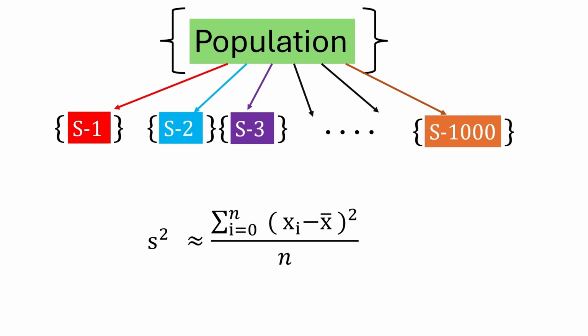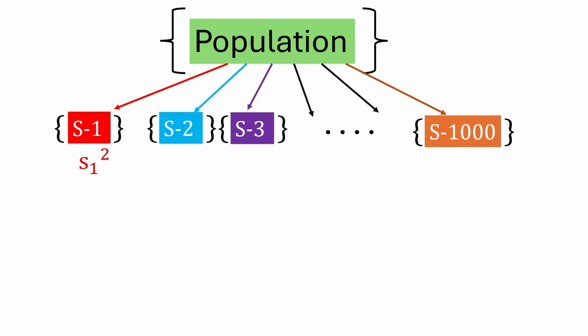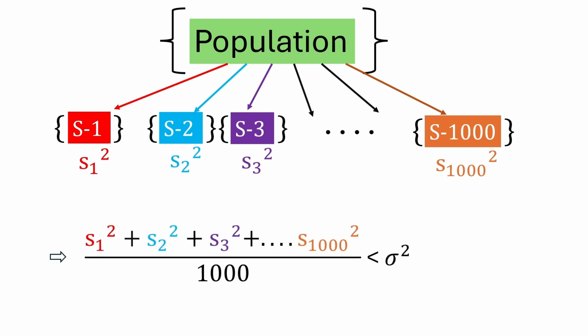And let's say S1 square is the population variance estimate from the sample S1 using the sample variance formula, that is the biased formula, and S2 square is for sample 2, and so on. Okay, cool. Now if we average all these 1000 estimates, then it will be less than sigma square.